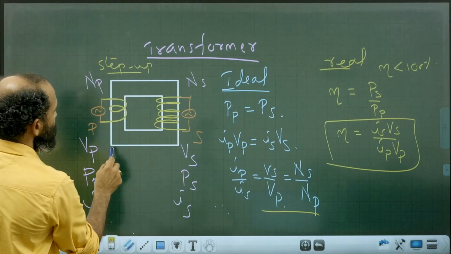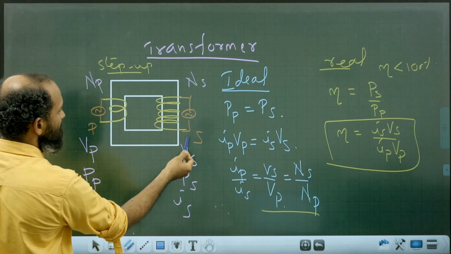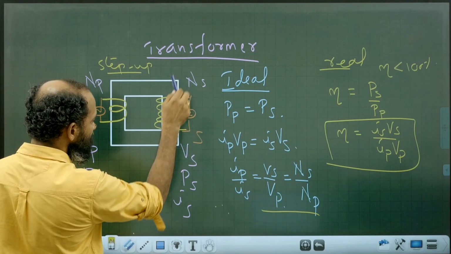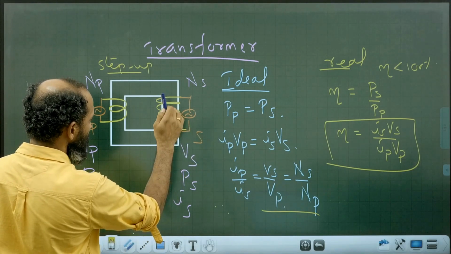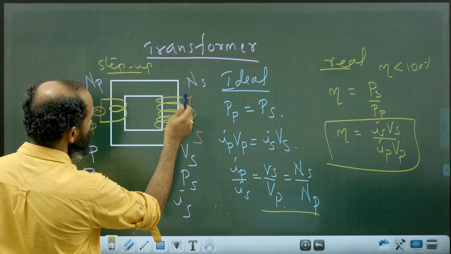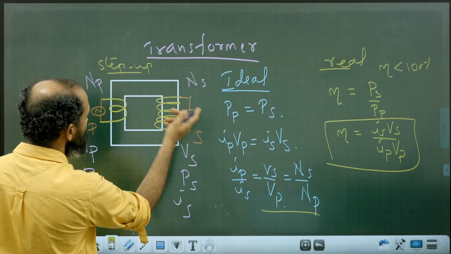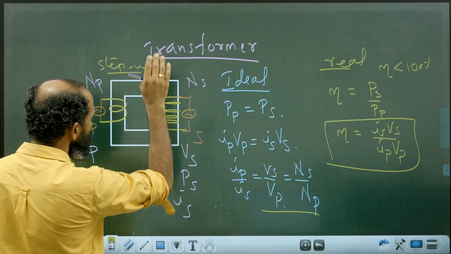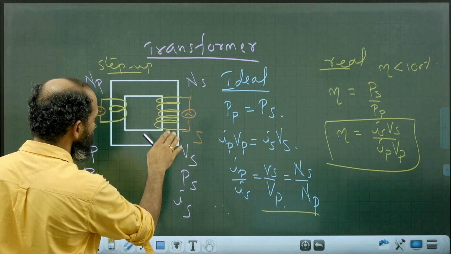In a step up transformer, secondary has more resistance as there are more number of turns and thinner wire. When thickness decreases, resistance increases. Number increases, resistance increases. So secondary resistance is much larger than that of primary. That's why current in secondary has been reduced considerably to keep power constant.